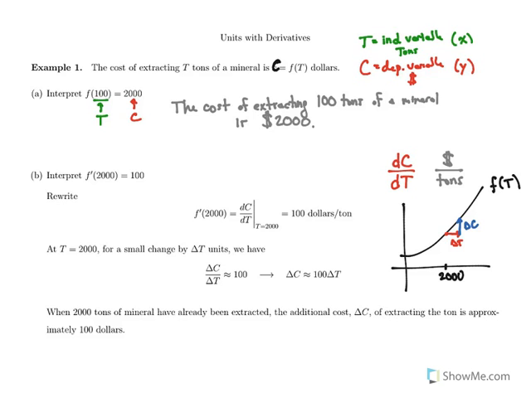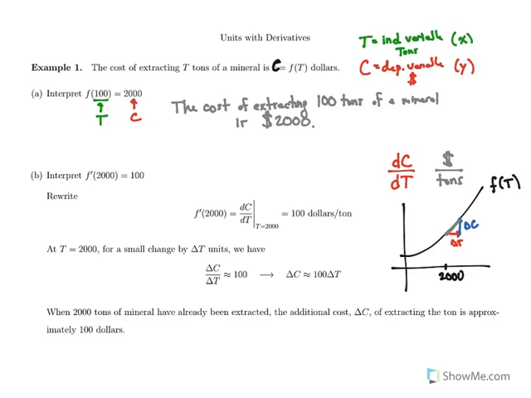So at T equals 2,000, when you go to the right delta T units, you go up delta C units. And in this case, delta C over delta T is going to be about 100. That's the value of the derivative. That's how much we are changing there. That's the slope of that line.